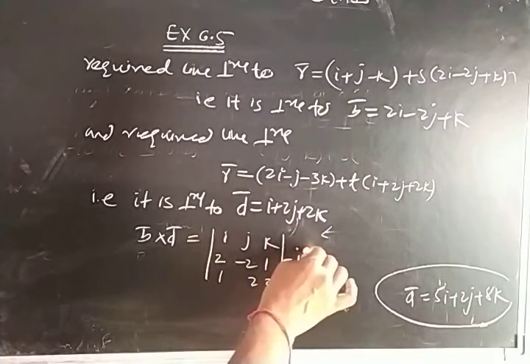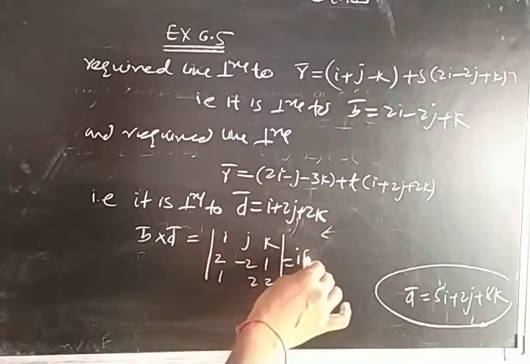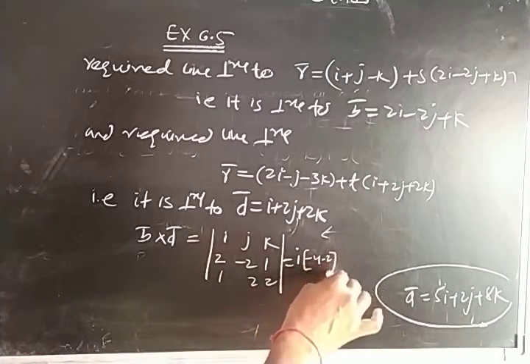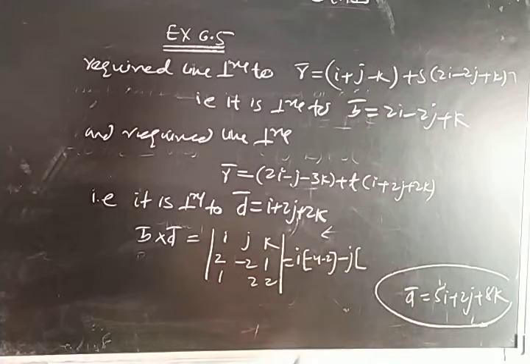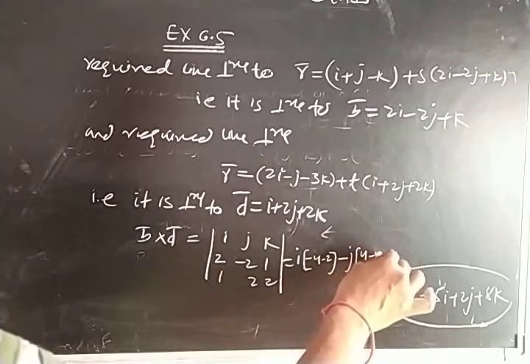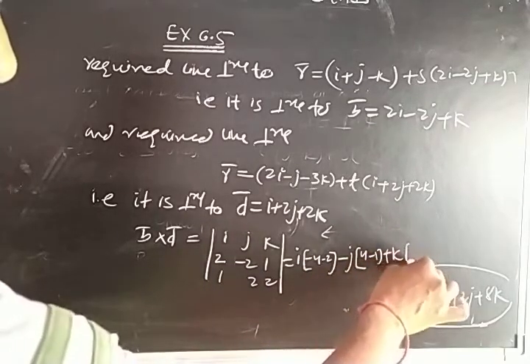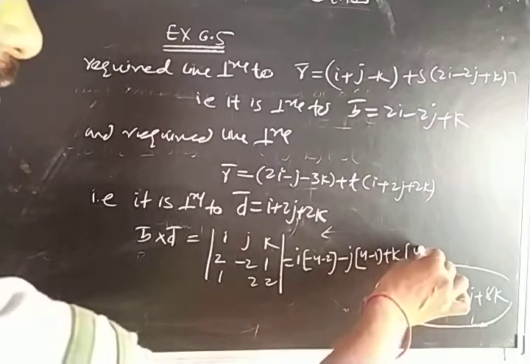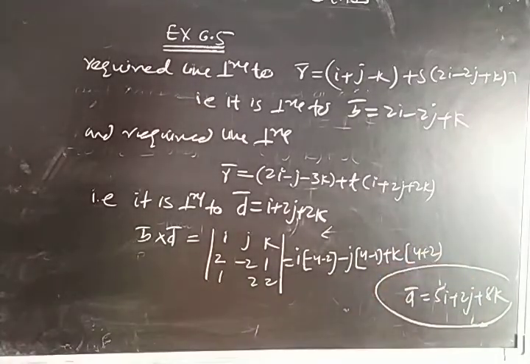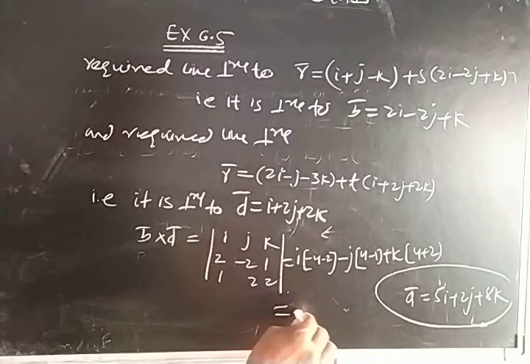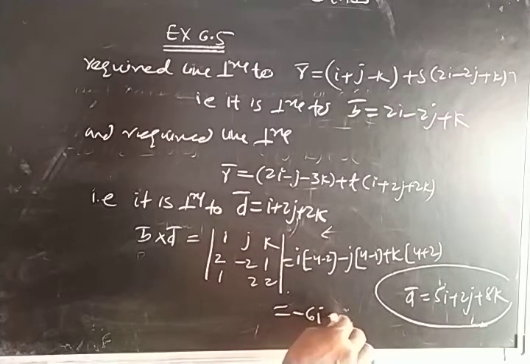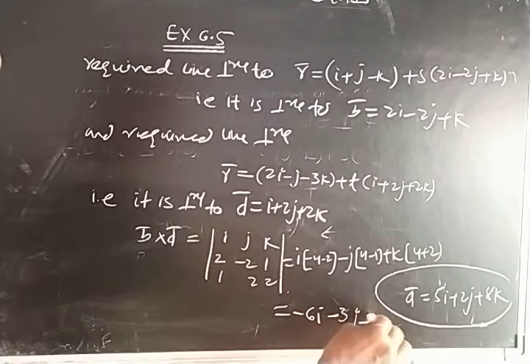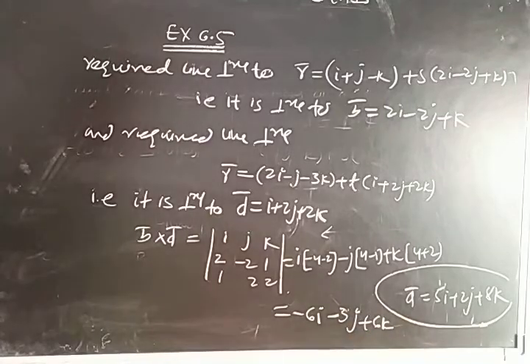By expanding, i into minus 4 minus 2, minus j into 4 minus 1, plus k into 4 plus 2, right? So minus 6i minus 3j plus 6k is B cross D bar.